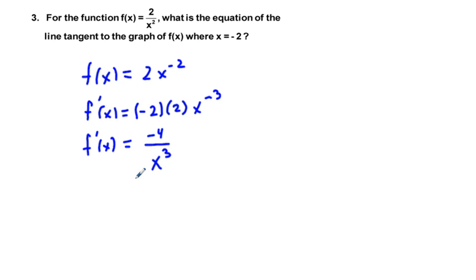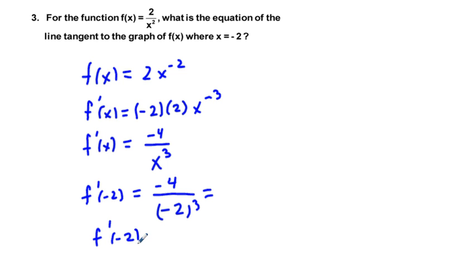And now substituting -2, f prime of -2 is equal to -4 over -2 to the third power. What we're going to have here is f prime of -2 is equal to -4 over -2 cubed, which is -8.